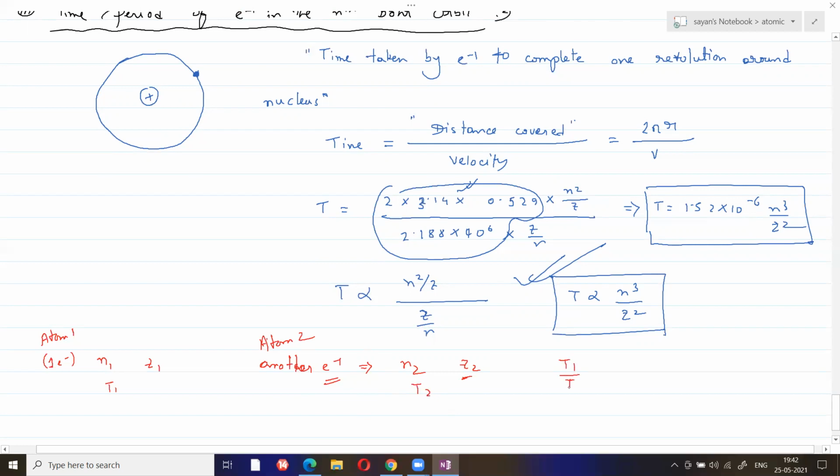If you compare T1 and T2, this becomes n1 cube by n2 cube into Z2 square by Z1 square. Any doubt regarding these two formulas?